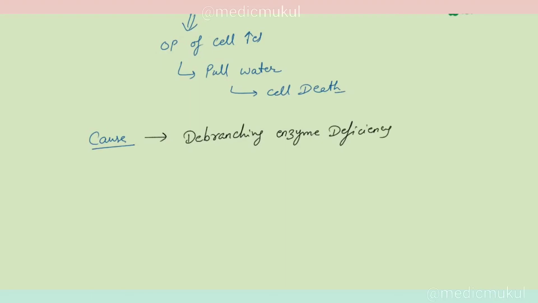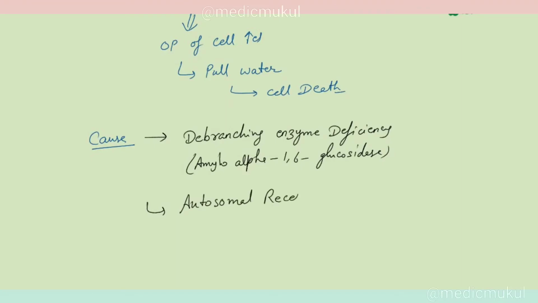That is amylo alpha 1,6 glucosidase. If you forgot the name of the enzyme, no problem, just remember that it is a debranching enzyme deficiency, that's all. And it is also autosomal recessive, so maybe there is a problem in the gene also.